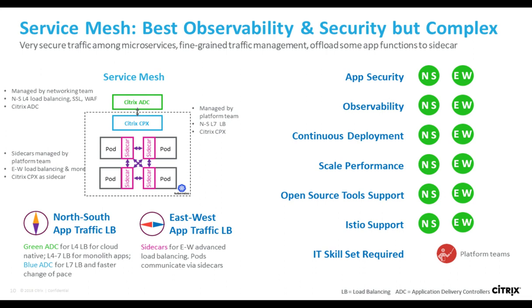Each sidecar has its own CPU allocation, its own memory allocation. It has visibility of every traffic between the microservices. It has more advanced traffic steering capabilities, more APIs.